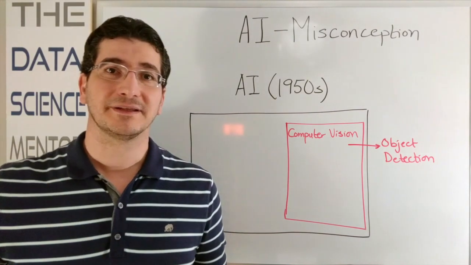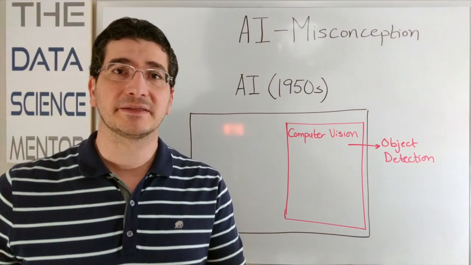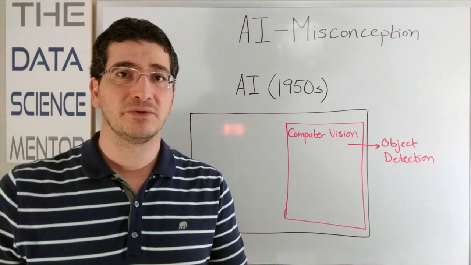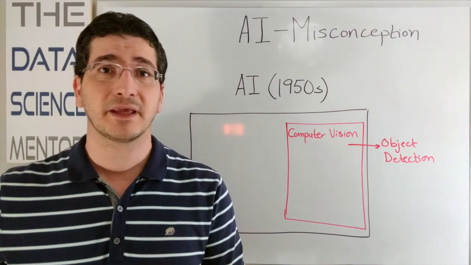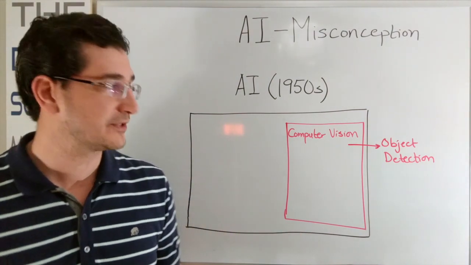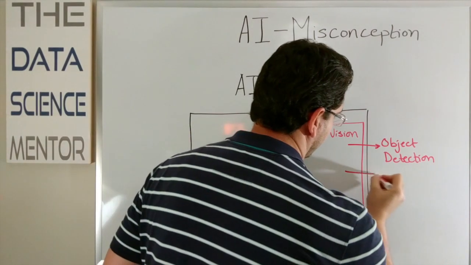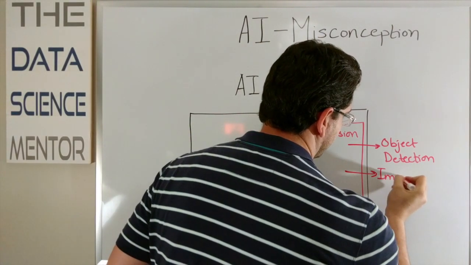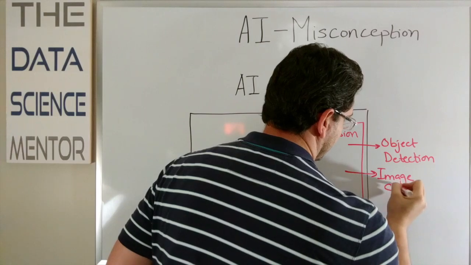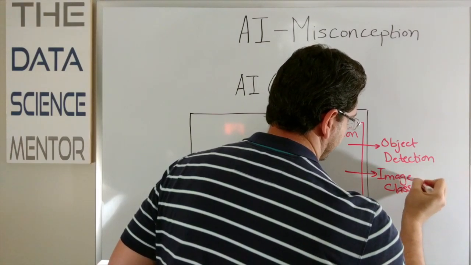Image classification, where an image is labeled based on its content, like an image of a hat or an image of a building, would also fall under computer vision. So image classification.